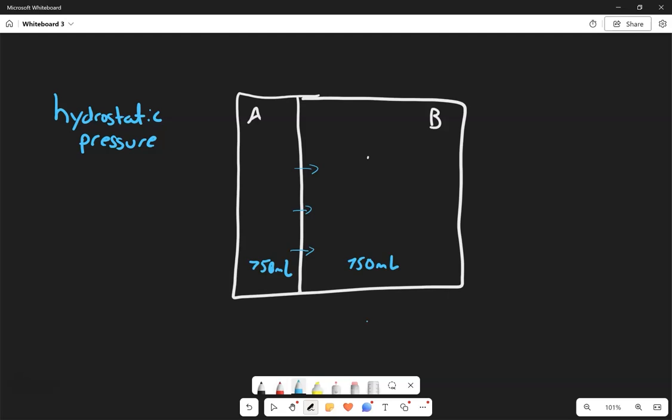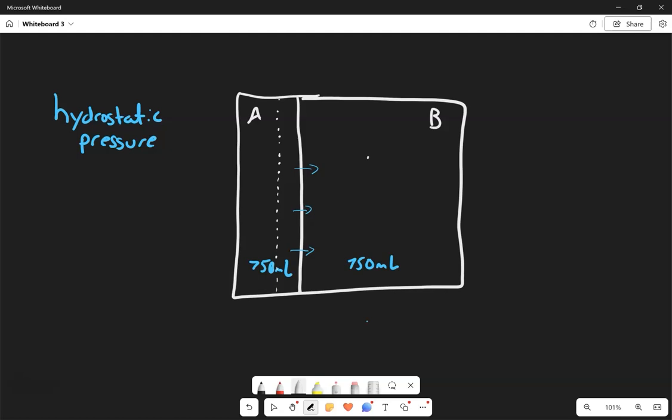And hydrostatic pressure is the pressure exerted by the fluid, right? So if I were to take this membrane and shift it over here, what's going to happen to my hydrostatic pressure in compartment A? It's going to go up, right? And so it will create even more force in that direction.